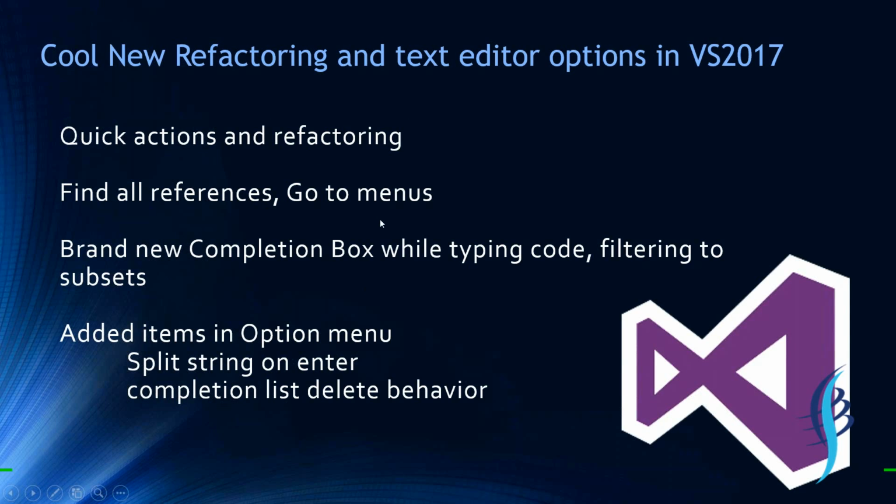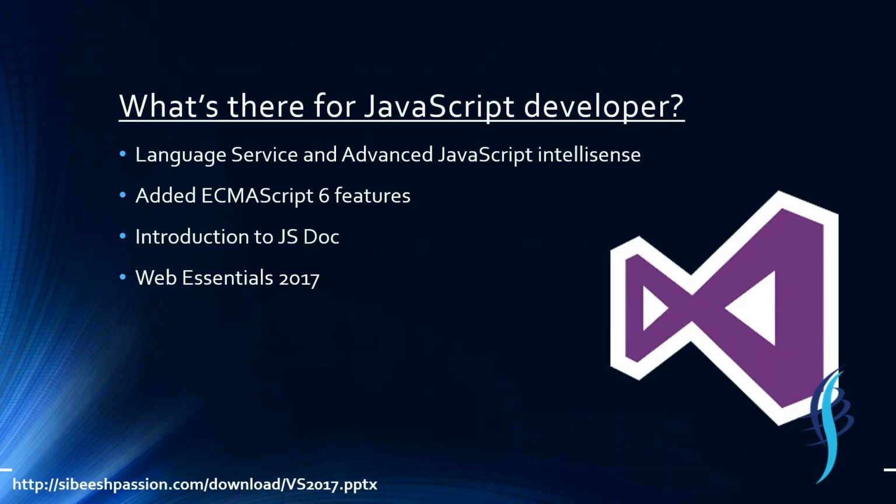We'll cover these actions. And what's there for a JavaScript developer? Like added ECMAScript features, introduction to JSDoc, and Web Essentials 2017, and all this will be covered in a demo session. So you don't need to worry about that.